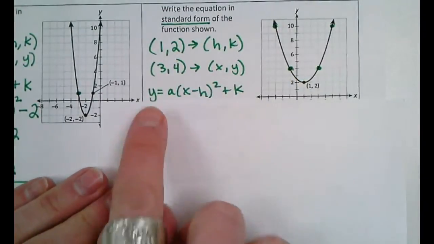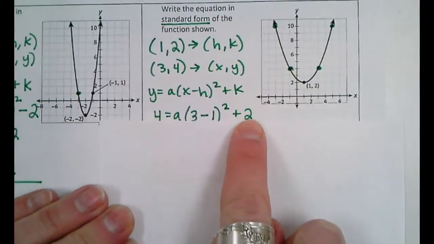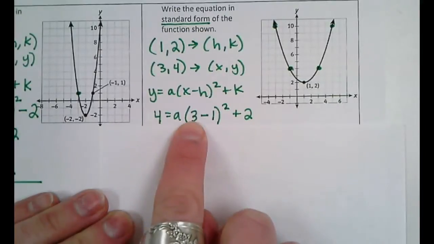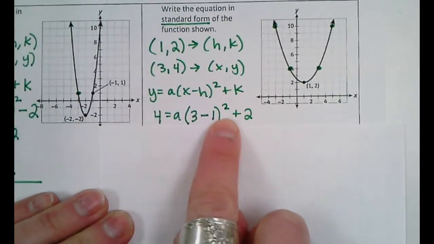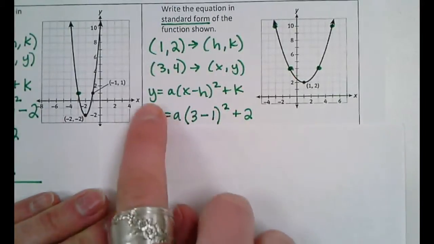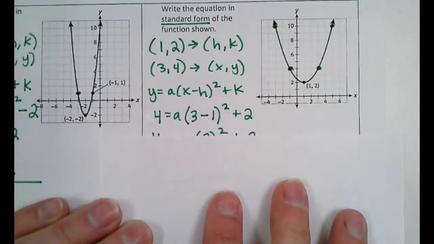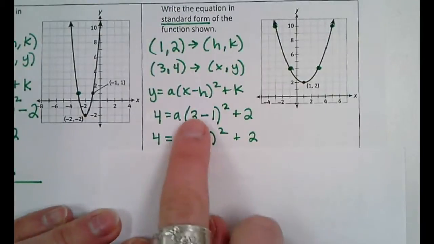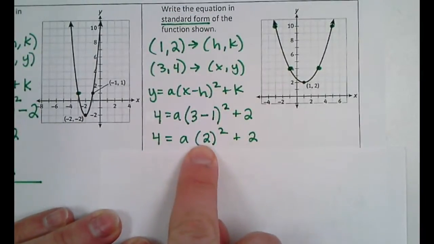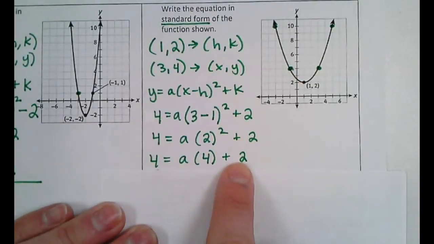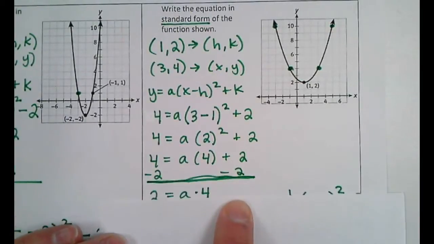I plugged in those values into my vertex form to get 4 equals a, 3 minus 1 squared plus 2 for my x and my y and my h and my k. Then I simplified to solve for a. 3 minus 1 is 2. 2 squared is 4, and then I subtracted 2 on both sides.